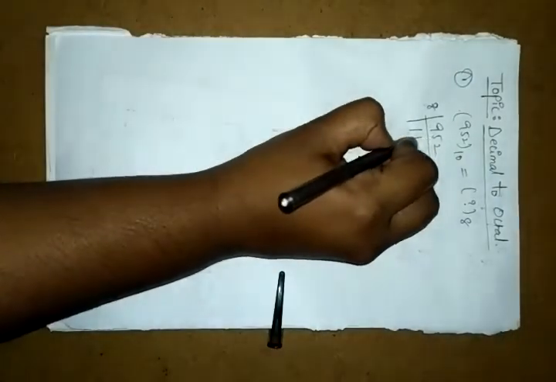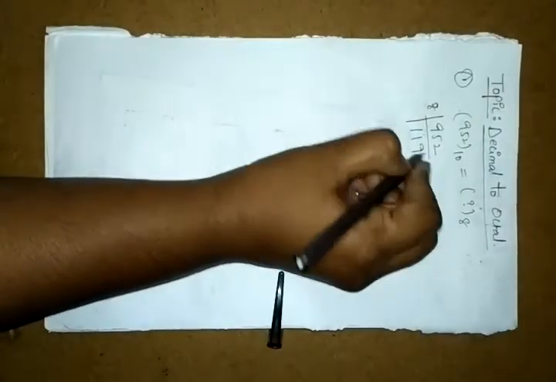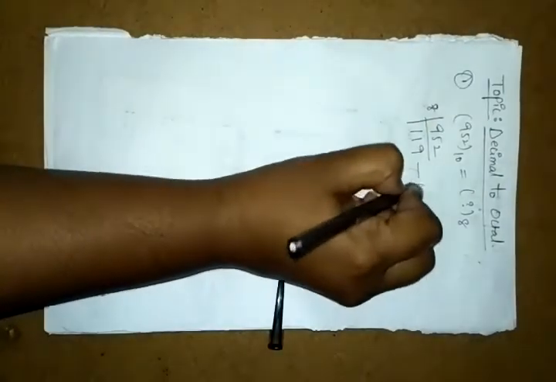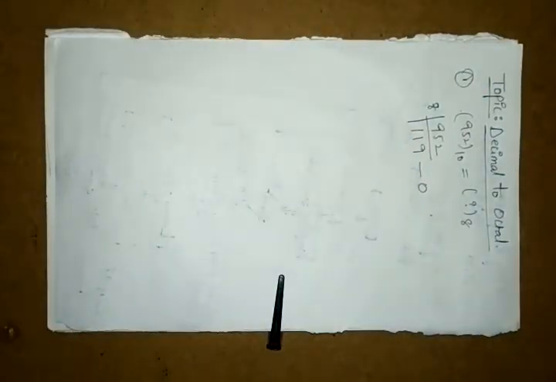Again divide by 8: 8 ones are 8, left with 7, so we have 79. 8 nines are 72, and we get the remainder 0. So 8 into 119 gives 952, and the remainder is 0.